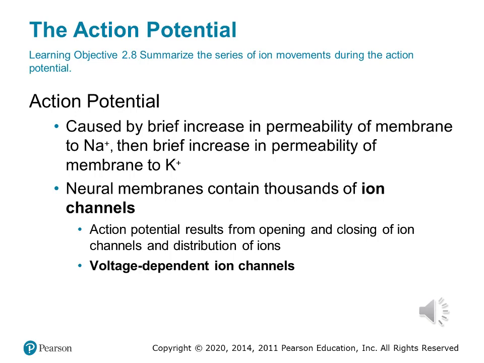There are neural membranes that contain thousands of ion channels. The action potential stems from the opening and closing of ion channels and also the distribution of ions. And these voltage-gated ion channels discussed in the previous slide are an example.